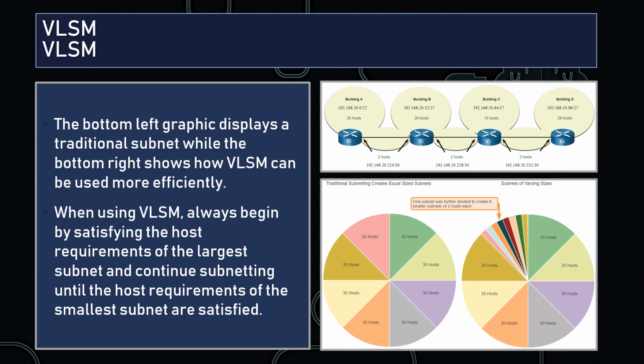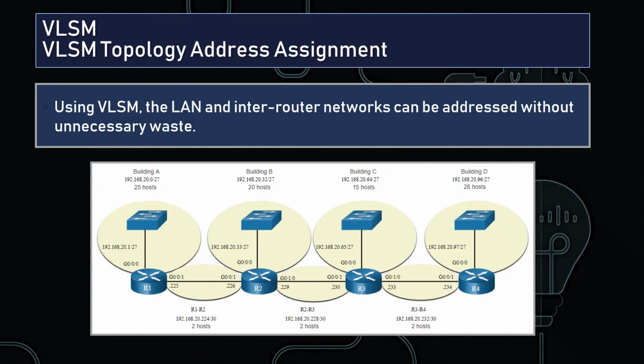So we're able to assign that to our WAN links and reduce the amount of wastage that would be involved. Here we can see in this case we've got 28, 15, 20, and 25. That all fits pretty close within the /27. Now we're going to use the /30s for our router to router links, and we have optimized our network segmentation for this particular assignment.